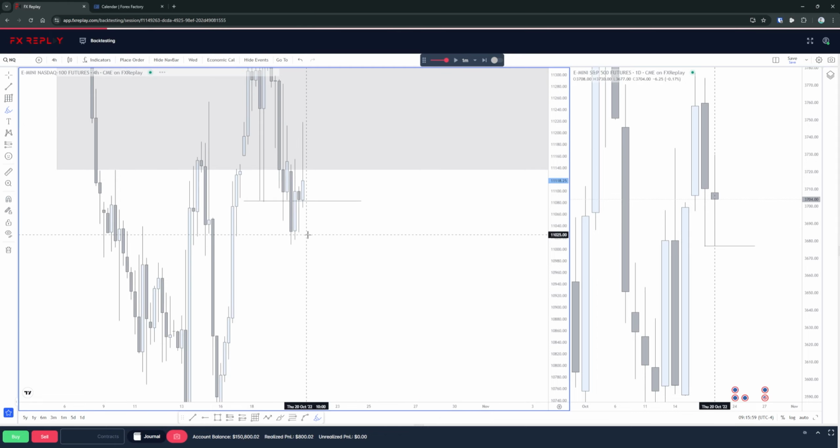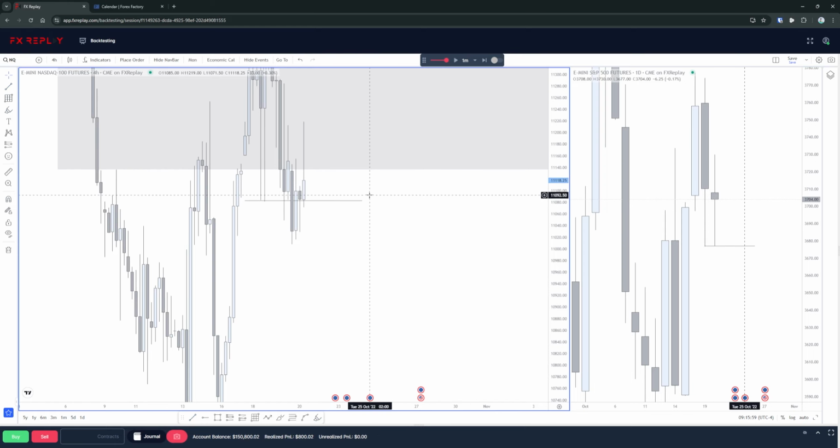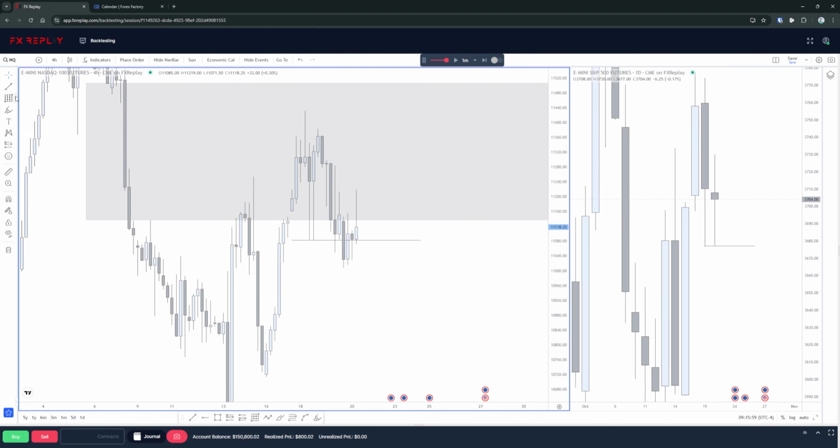For the 4 hour, okay, 4 hour, I would have to be bearish. With where price is right now, I need to see, do we close above here at 10 a.m.? But I'd be bearish to this low.